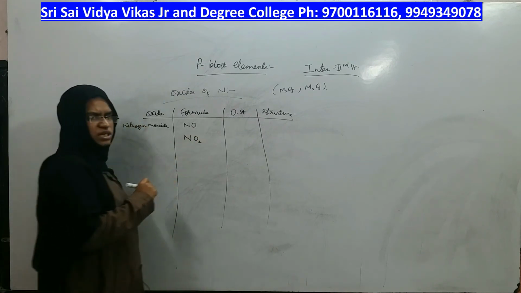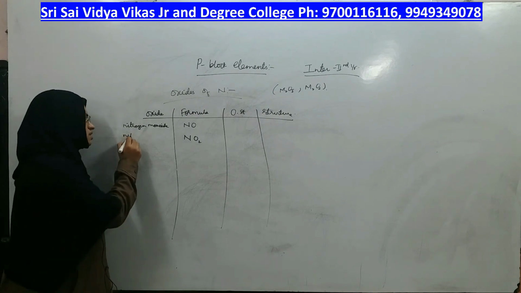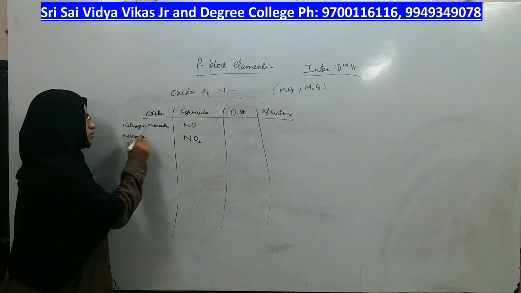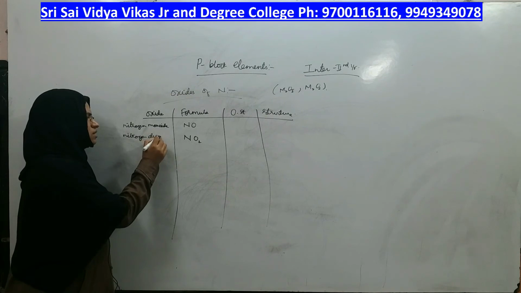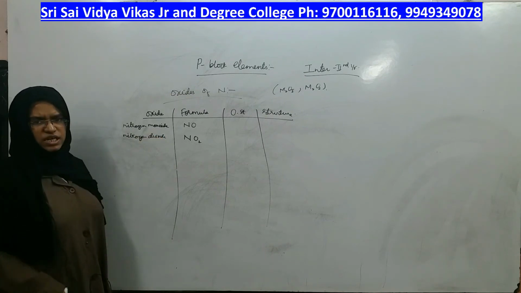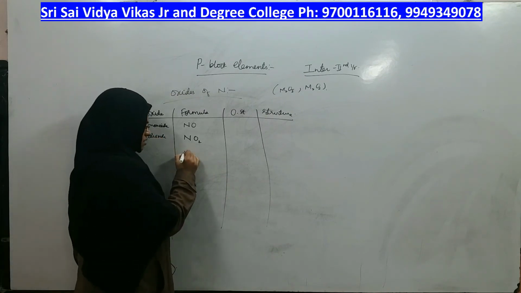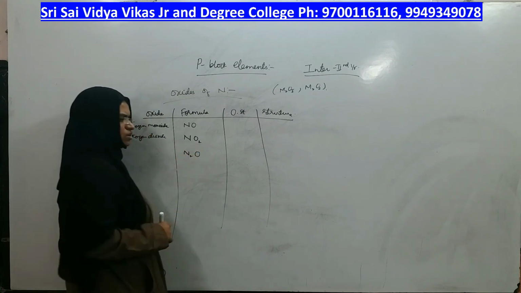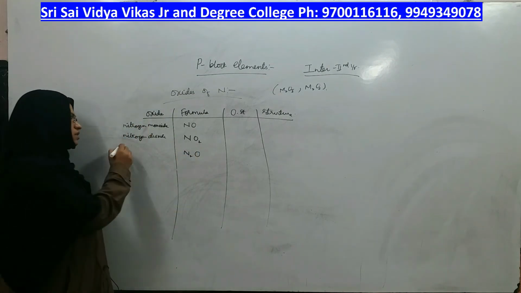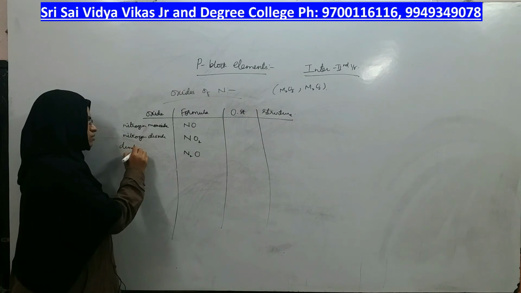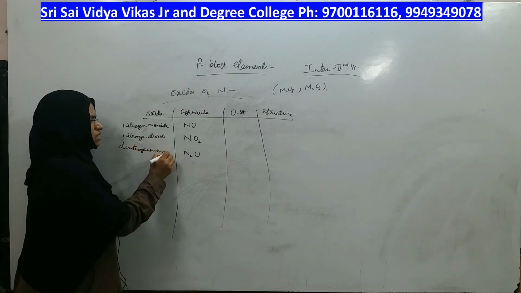Nitrogen dioxide. Let us write its name also. Nitrogen dioxide. What else? Dinitrogen monoxide also you can have, right? What is the name? Dinitrogen monoxide.